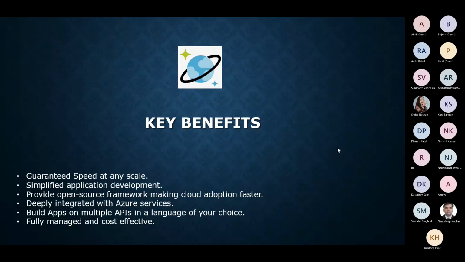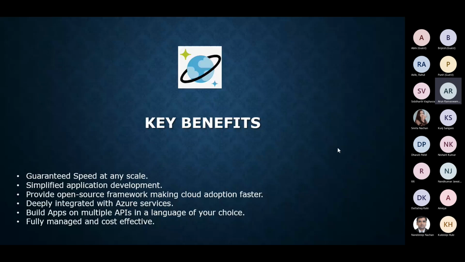Even in case of any issues, Microsoft will ensure the switching happens seamlessly, and you probably wouldn't notice that there are issues within the environment itself. That is how easy and how safe it is to use Cosmos DB.